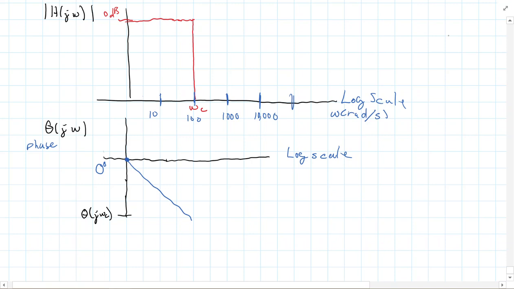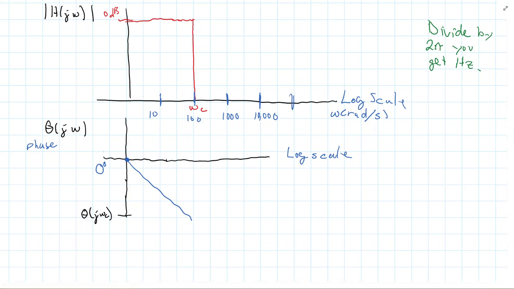Now, if you divide by 2 pi, you get hertz. And depending on the application and what you're really focusing on, sometimes we leave it as radians per second and sometimes we leave it at hertz.